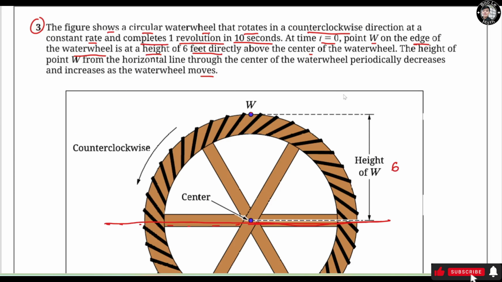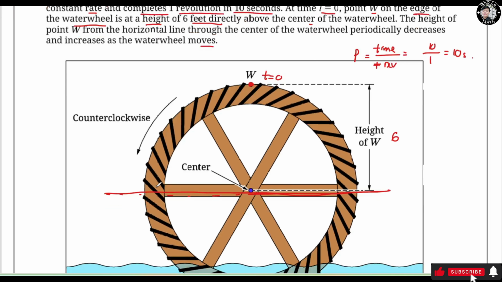Now first we need to find the period. It's going to be P equals time divided by number of revolutions, so it's 10 seconds divided by 1. It's going to be 10 seconds. Now at this point t equals 0. Now the first quarter is going to be right here.